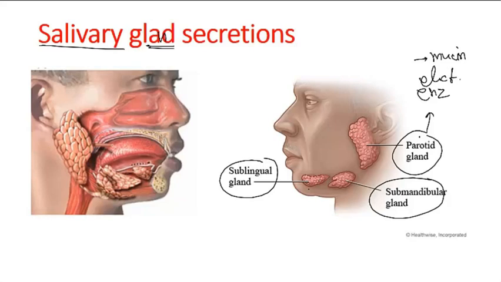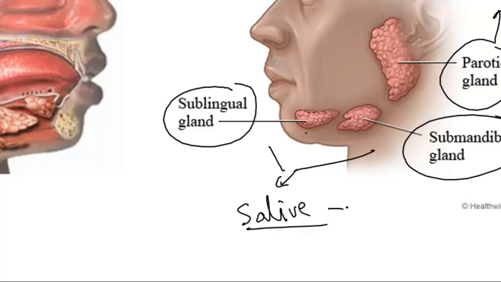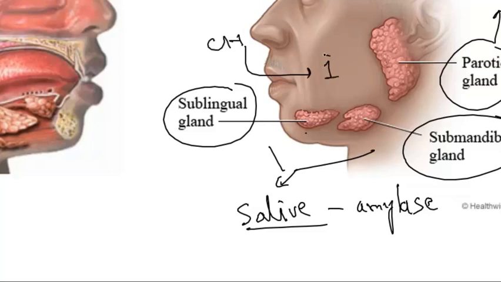All of them ultimately release what we call saliva, that carries salivary amylase enzyme that has the capability to break down starch and polysaccharides. So if you eat any carbohydrate food, the first chemical reaction will take place in the mouth due to the saliva coming in from the salivary glands.